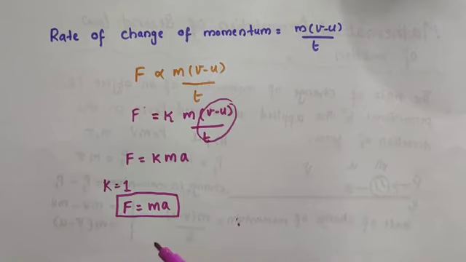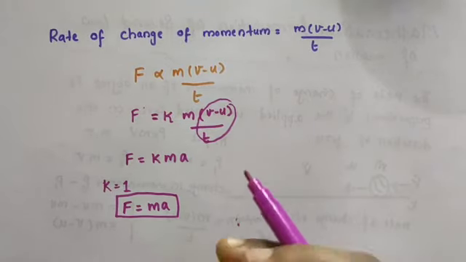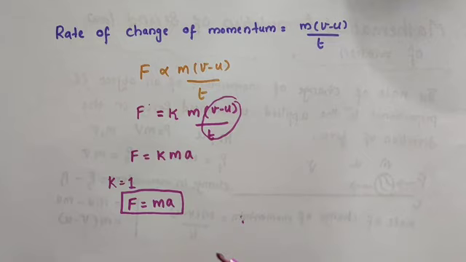Now, what will be the SI unit of force? We got one expression for the force in terms of the mass and acceleration of that object: F is equal to m into a, the mathematical equation corresponding to Newton's second law of motion.